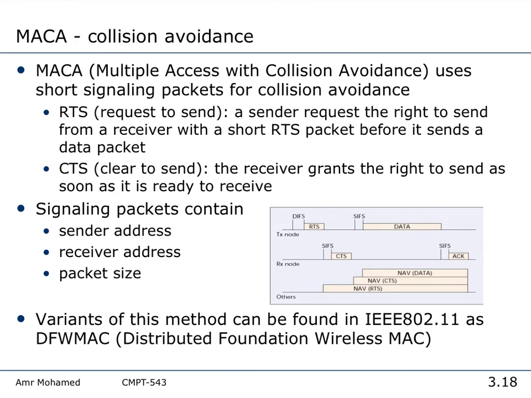This announcement, it informs all the nodes, as many nodes as possible, which is the nodes that are in the transmission range of this node. Okay? To inform them that I'm trying to send data to node X. And this data has this duration of time, and I'm trying to send it to node X.